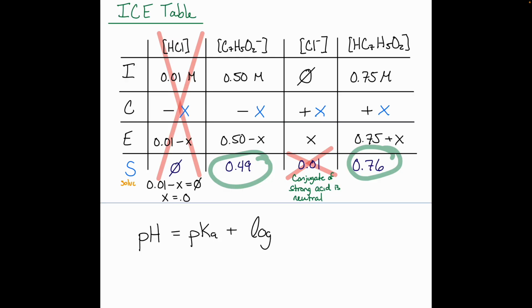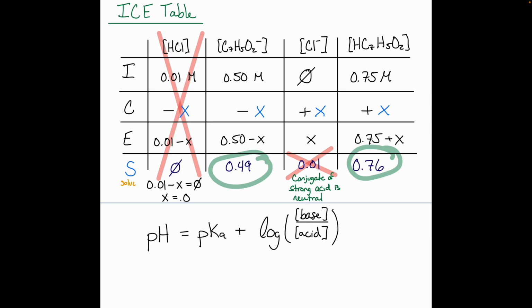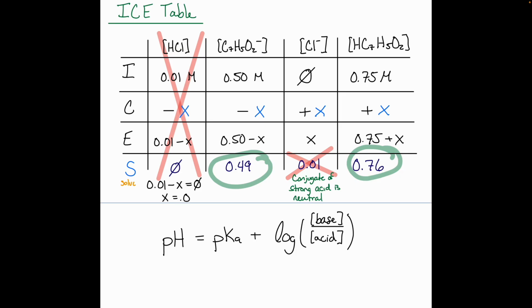6.5 times 10 to the negative 5, yeah. We're keeping the same buffer system here, so same as last time. Negative log of the Ka is the pKa.